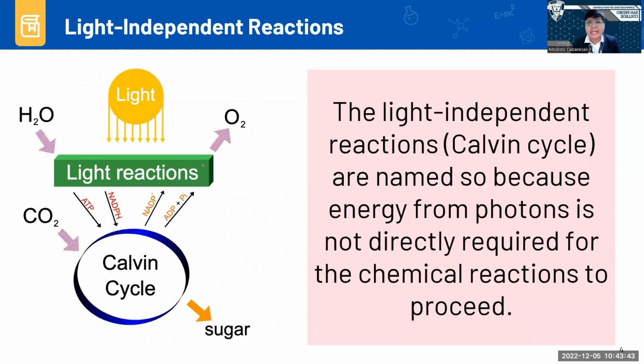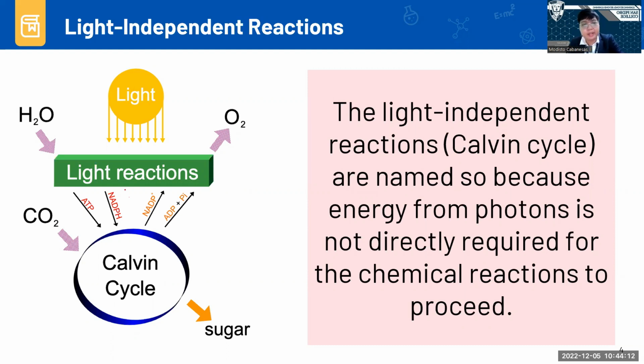Okay, so the light-independent reactions, also known as the Calvin cycle, are named so because energy from the photons is not directly involved or required for the process. It only happens dun sa light reactions. Again, what the Calvin cycle needs are the products of the light reaction.